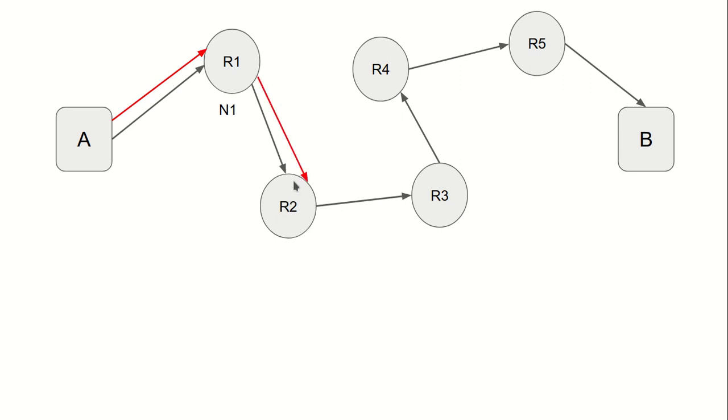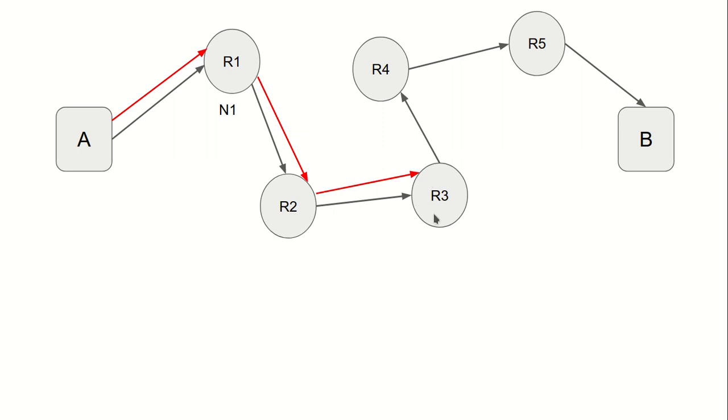Router 2 will understand that network address 1, or router 1, has sent it this data. Then router 2 will check its routing table and make sure where the next destination is. Router 2 will identify that router 3 is the next destination, so it will send the data there.